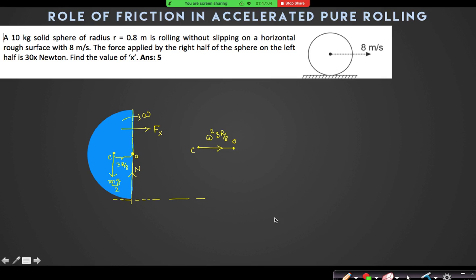And the center of mass at this instant, is it having any other acceleration? This point O does not have any vertical acceleration.